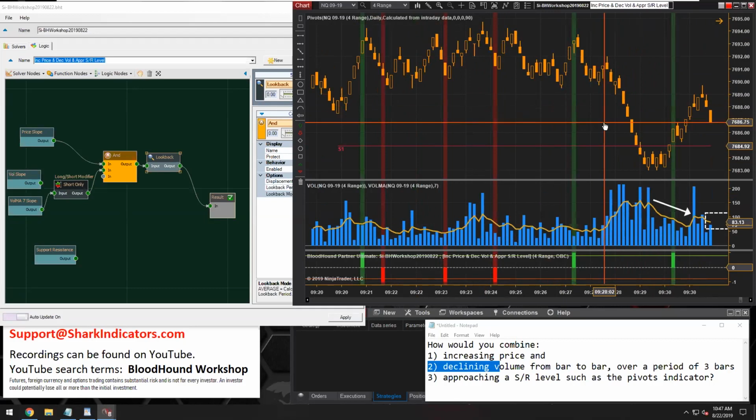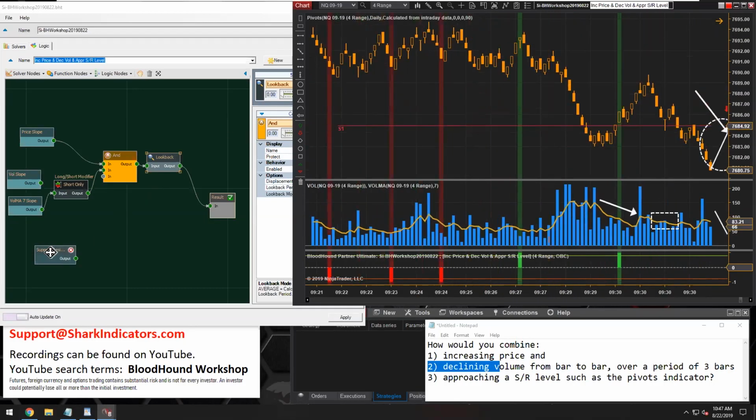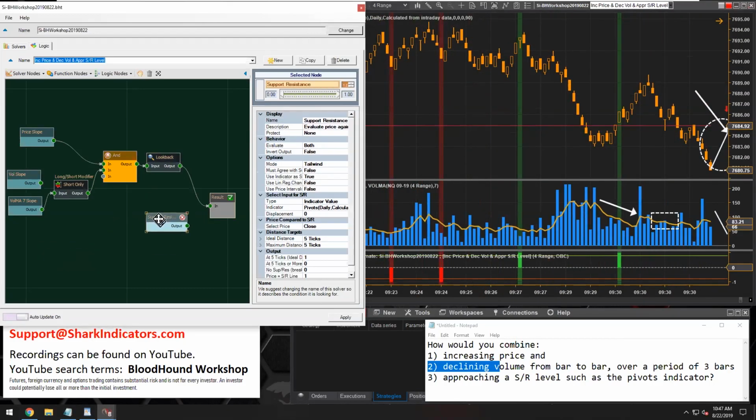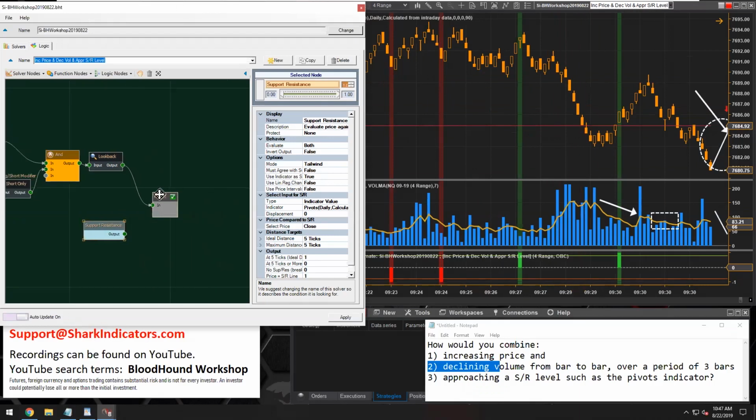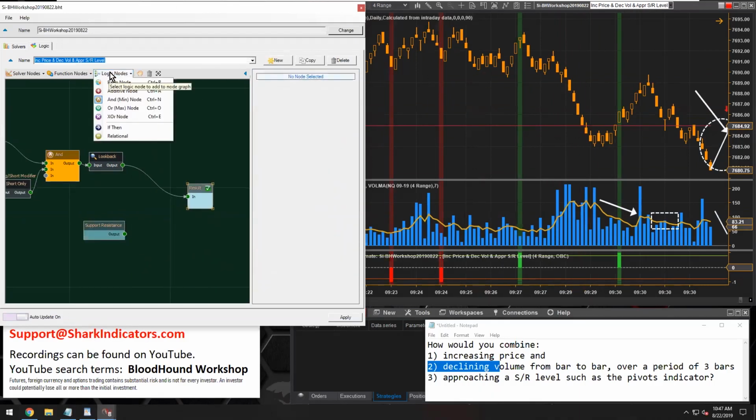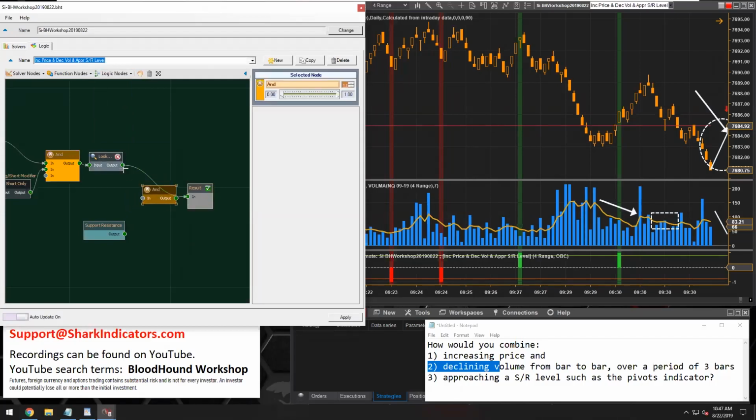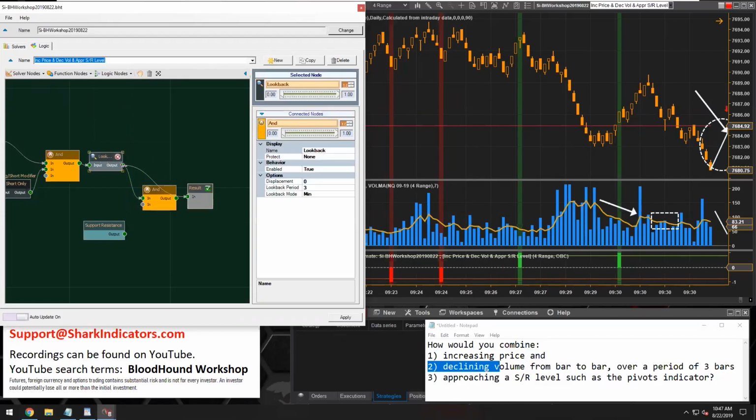All right, so now the last thing to do is hook in our support resistance, right? Price approaching the support resistance. And so we need one more AND node. All right, so there we go.